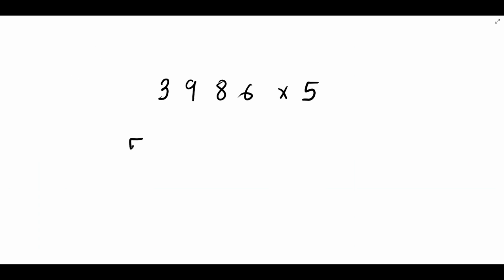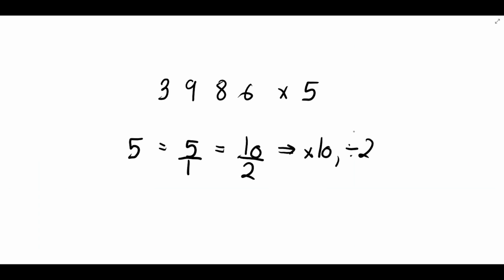So 5 means 5 by 1, of course, and 5 by 1 is an equivalent fraction of 10 by 2, meaning you multiply by 10 and then divide by 2.